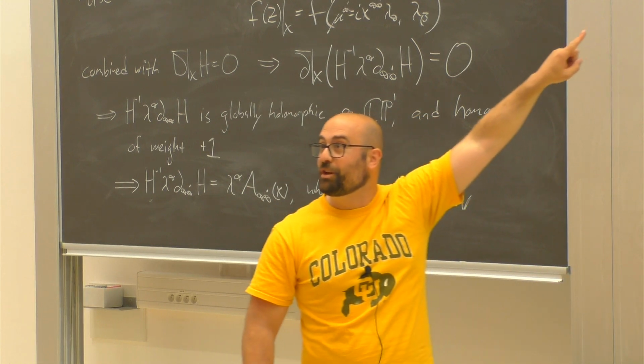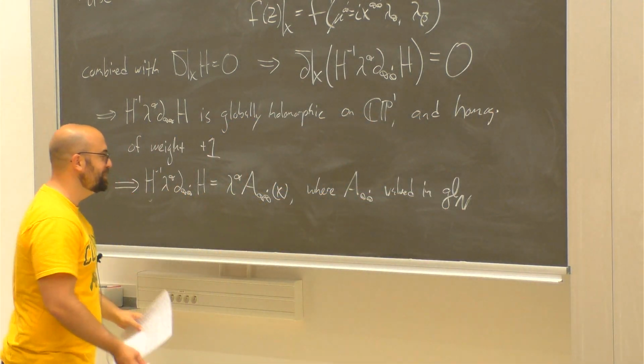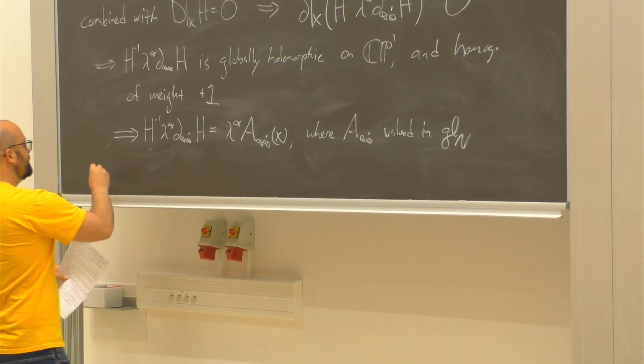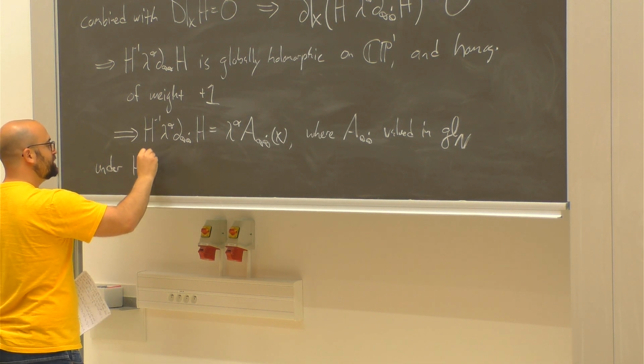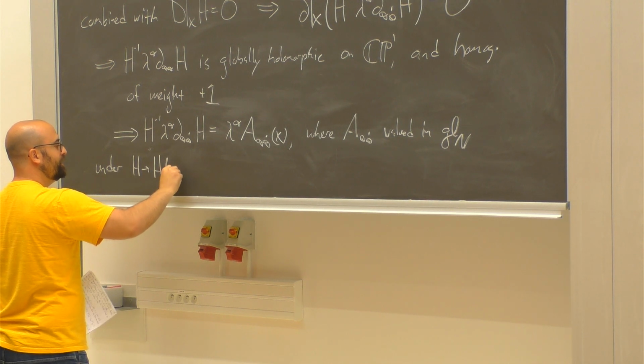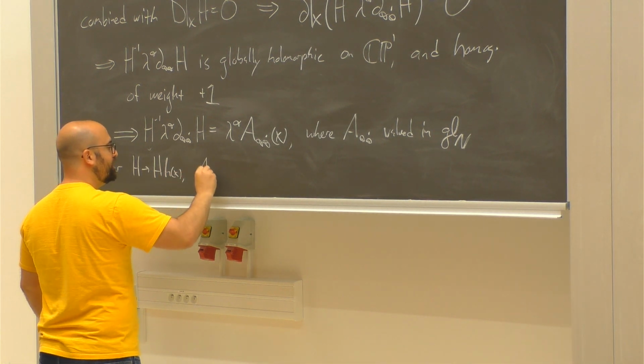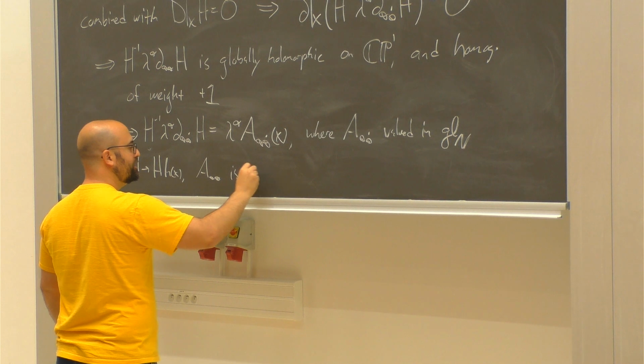So lo and behold, we really have constructed a gauge potential on spacetime. So under H goes to H little h of x, A is gauge transformed.